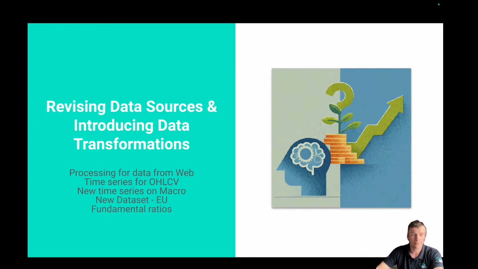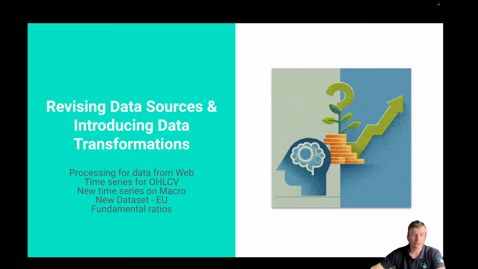Now let's begin. What we will cover today. So we will start from processing data that you get from the web page. Then we will talk about our main data set of daily OHLCV time series from Yahoo Finance.